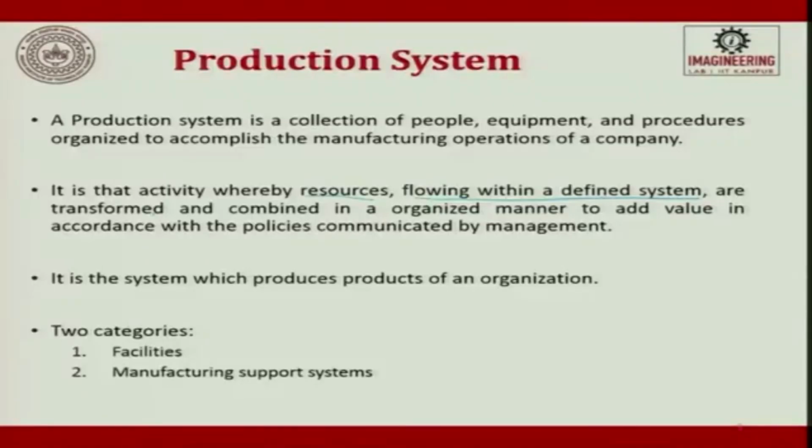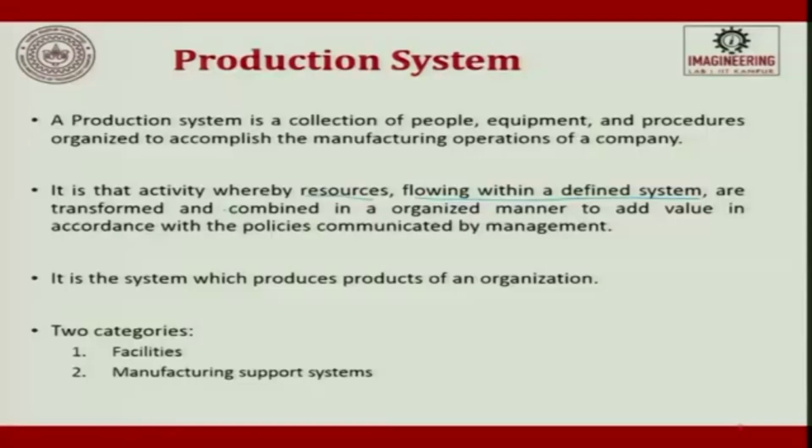The resources are transformed and combined in an organized manner to add value in accordance with the policies communicated by the management. Generally, if you look at a manufacturing shop, what we are talking about is discrete part manufacturing. We are not talking about cement industry, iron and steel, leather manufacturing, cloth manufacturing. Our focus is wherever you can discretely count and make a product, and a repeat of the same product is also allowed in discrete part manufacturing.